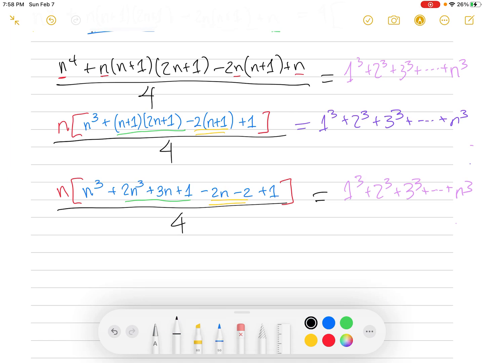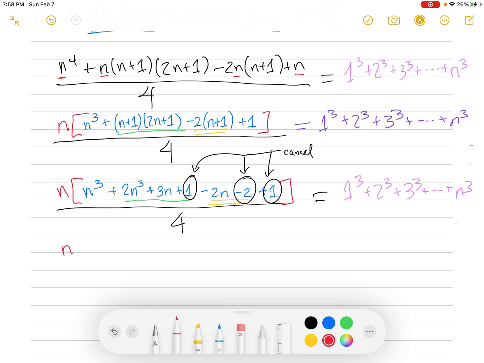Notice this 1 and this 1 make positive 2. They're going to cancel with that negative 2 there. So these cancel. 1, negative 2, and positive 1: if you add them up, they cancel.